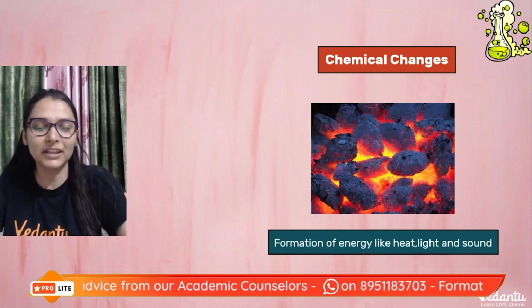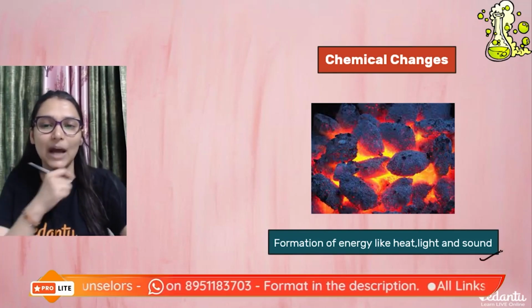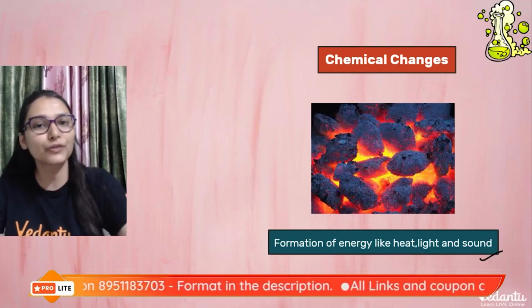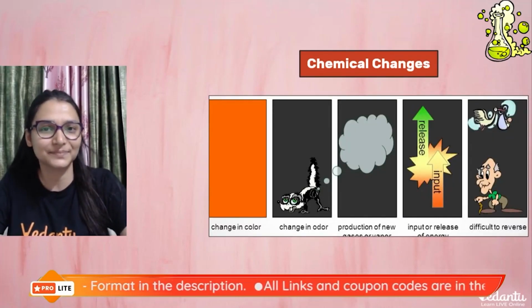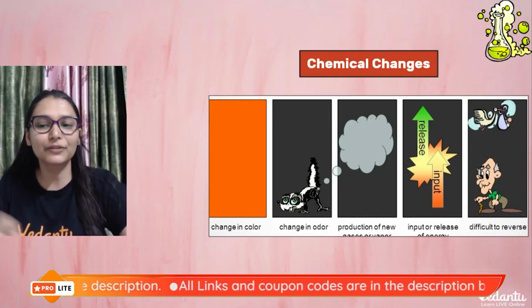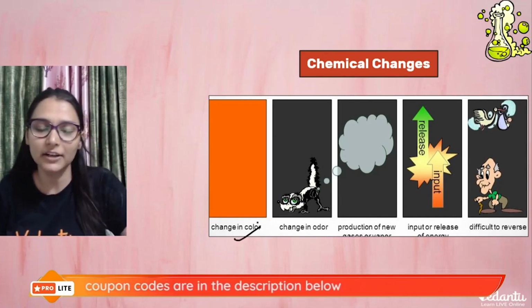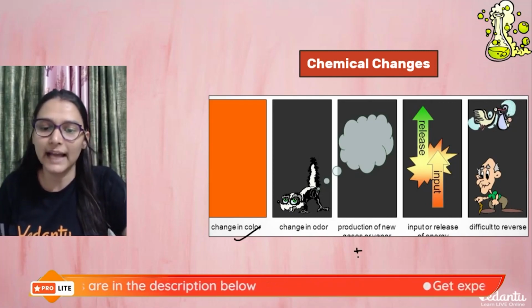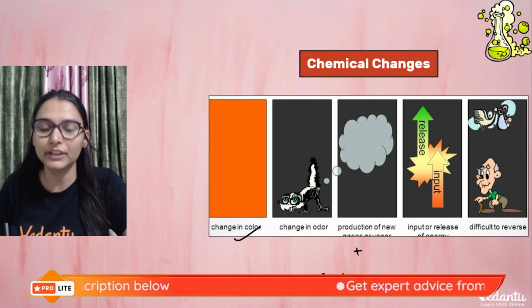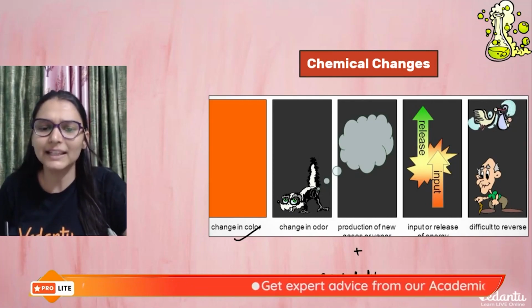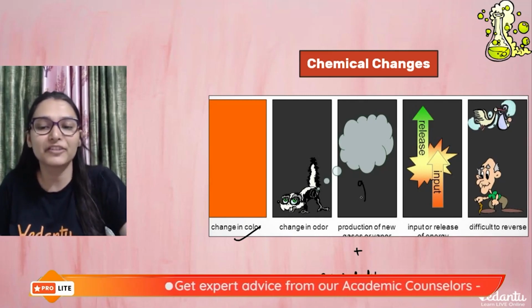Like in chemical changes, we are getting formation of heat, light and sound energies along with formation of a new substance. Whenever a chemical change happens, you will see there would be a change in color, like in a lot of reactions, along with formation of a new substance. The smell can change, there can be evolution of a gas.